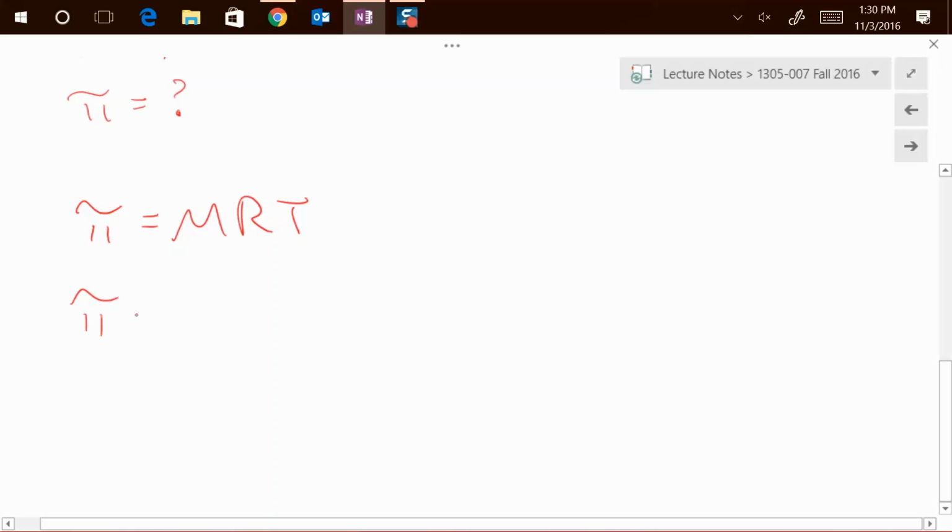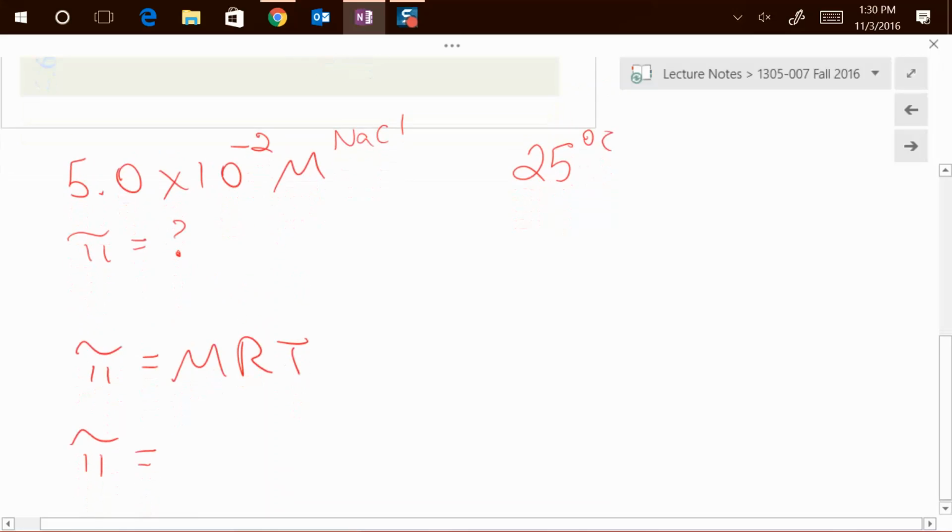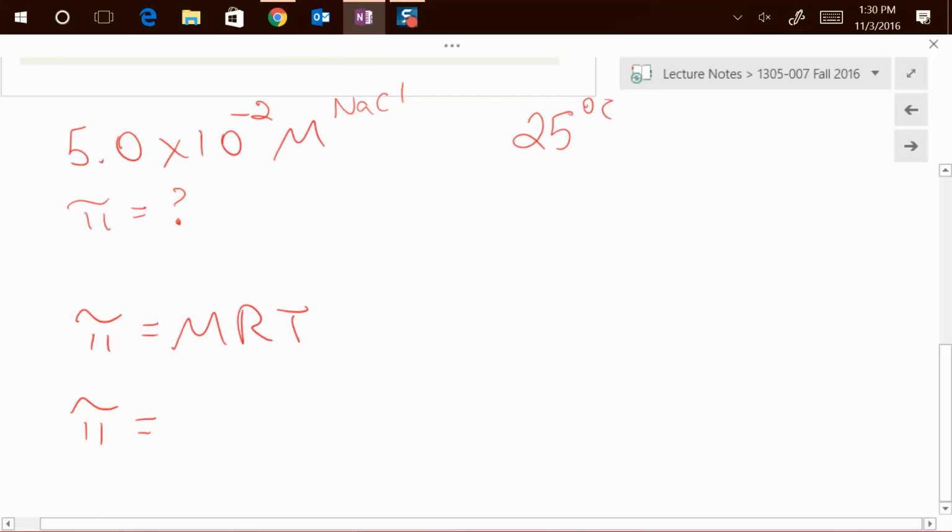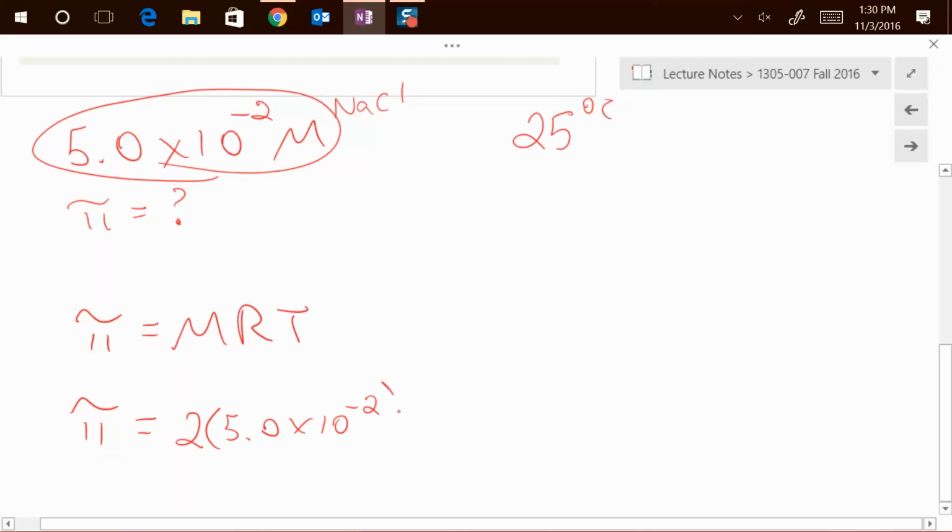So osmotic pressure equals what? What am I going to put in for m? Do I put this there? Times 2. 2 times 5.0 times 10 to the negative 2 times 0.0821 liter atmospheres over Kelvin moles.